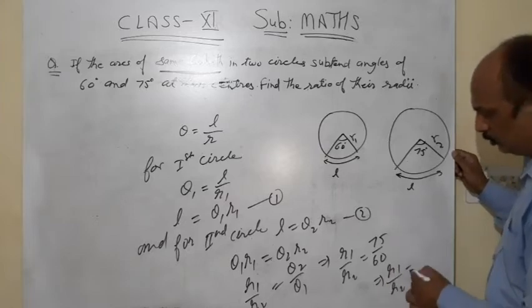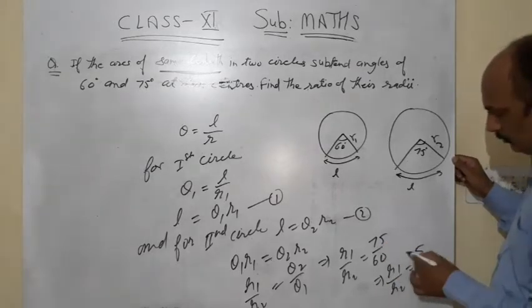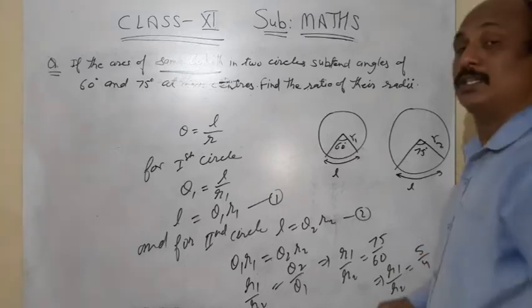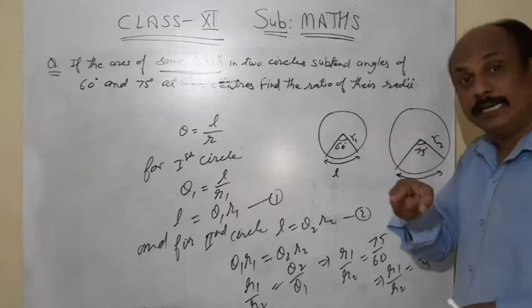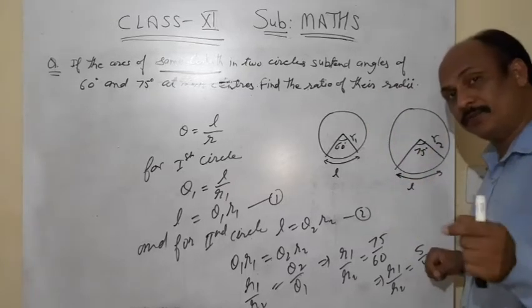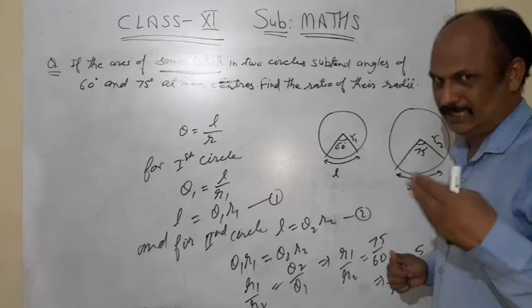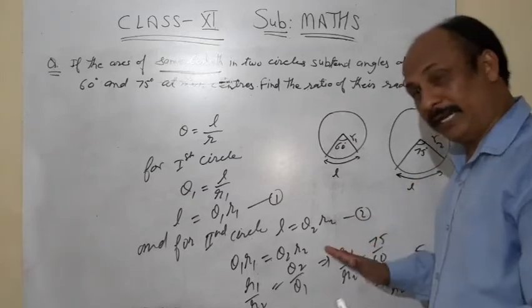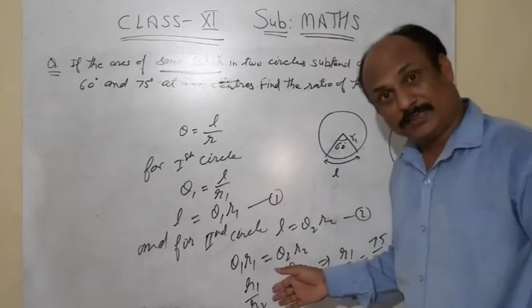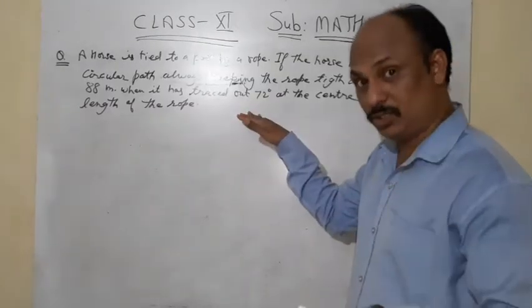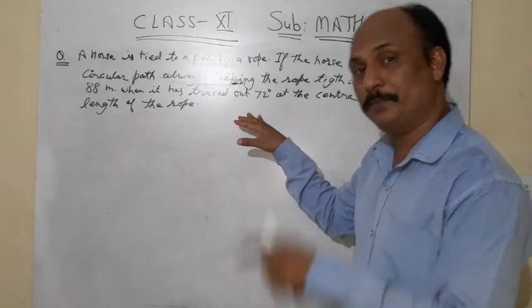R1 upon R2 is equal to 5 by 4. So the ratio of their radii is 5:4. Is that clear? Yes, you can calculate other questions based on this topic. This question also belongs to our NCERT book.